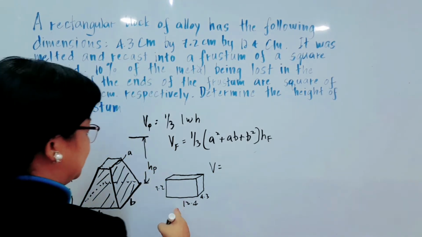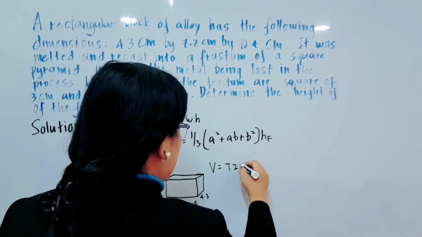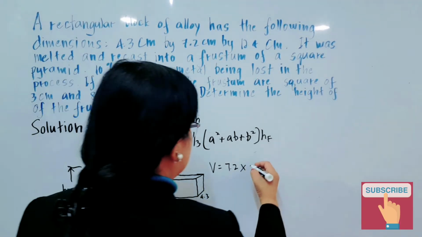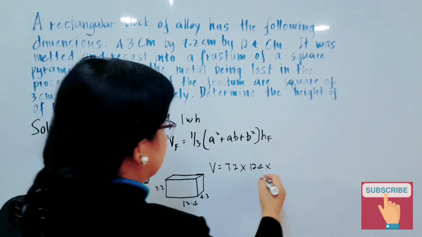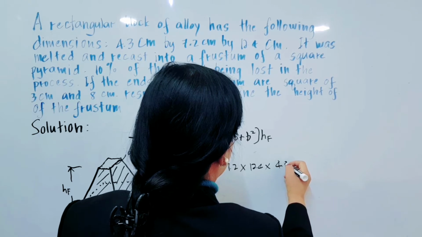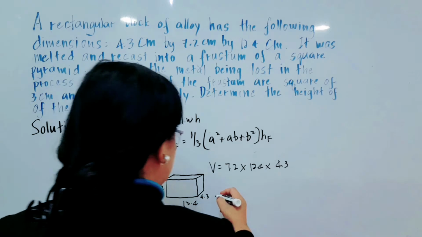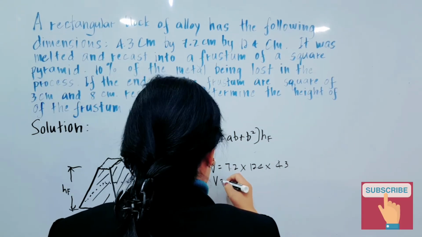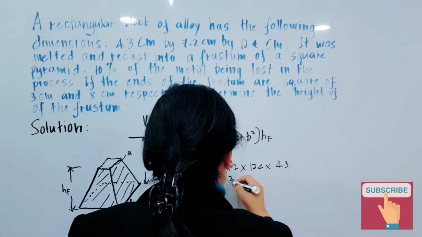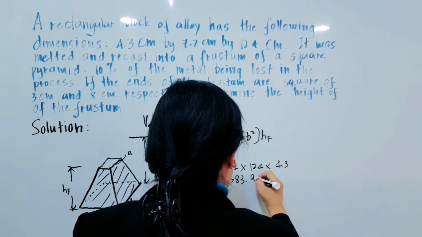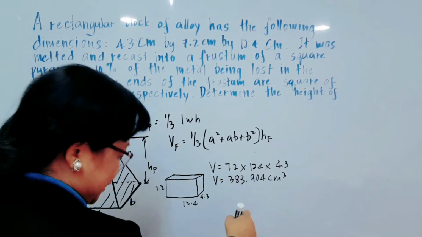The formula is 7.2 times the length, which is 12.4, times the width, which is 4.3. This is the volume of the rectangular block. After simplifying, the volume is equal to 383.904 cubic centimeters.